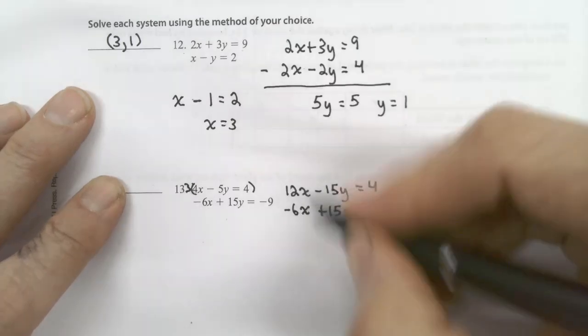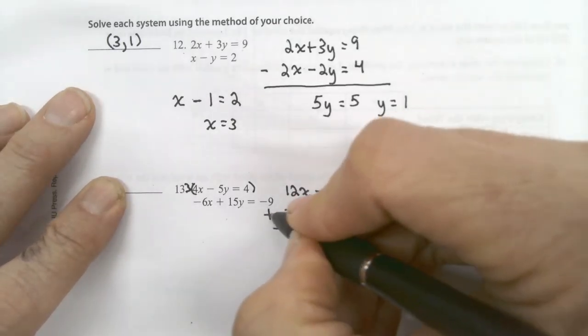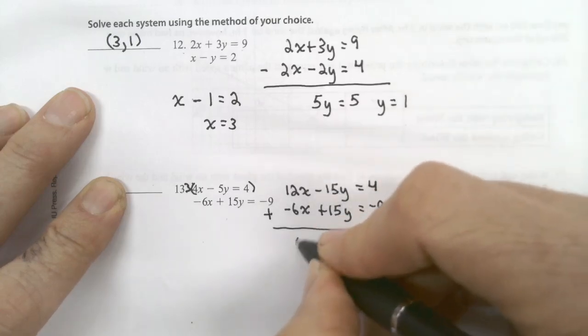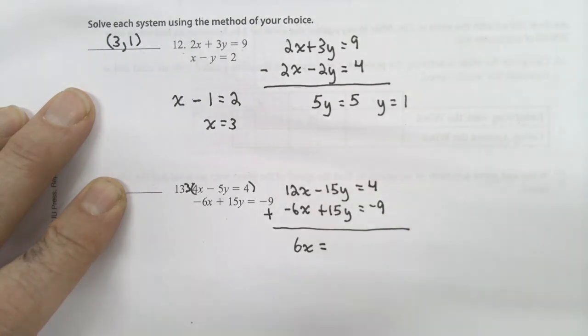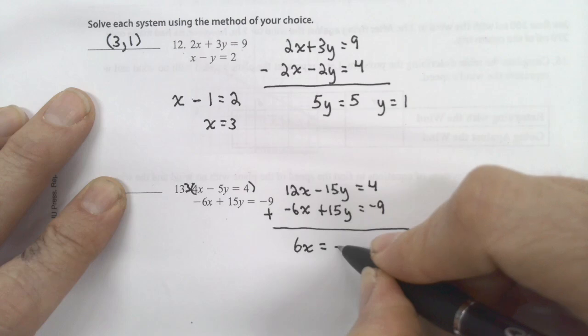Okay, we're going to add these equations together. And when I do that, because if the signs are different, you need to add to eliminate, I'll get a 6x here equals a 4 plus a -9, which is -5.